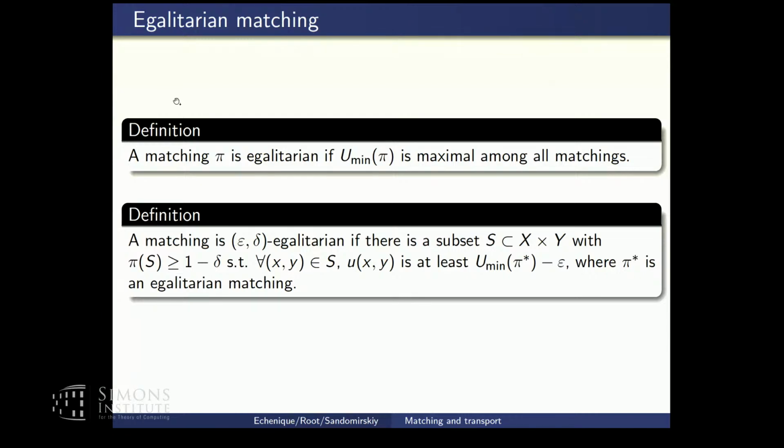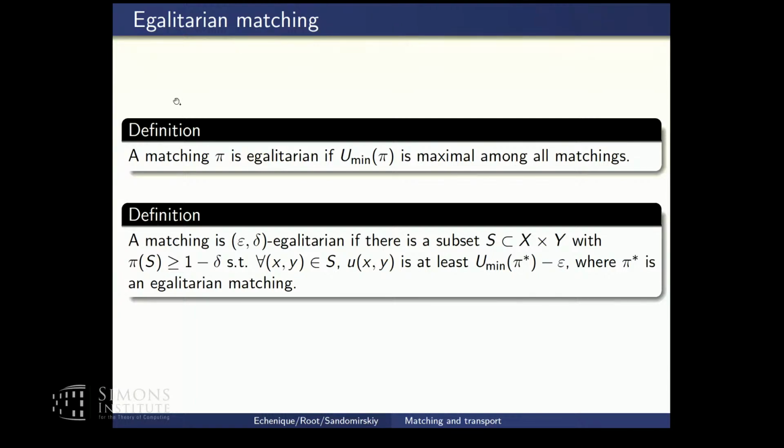And again, we need to relax things. So I will say it's epsilon delta egalitarian if there is a subset S of couples which has probability at least 1 minus delta, such that everyone in that set is getting utility at least the minimum possible, the one that solves this problem, minus epsilon.